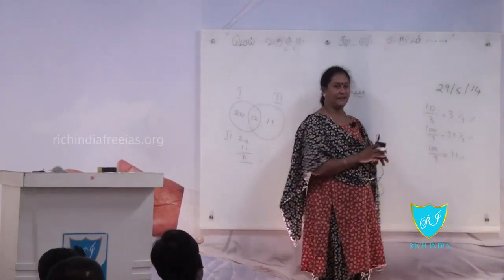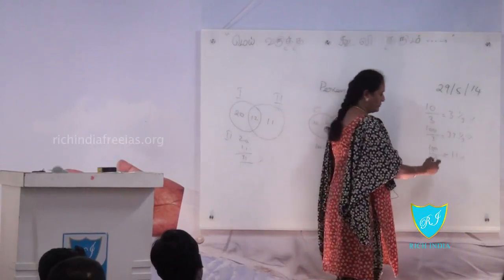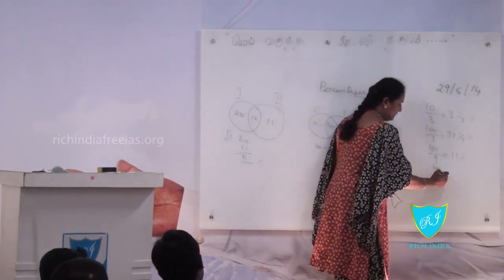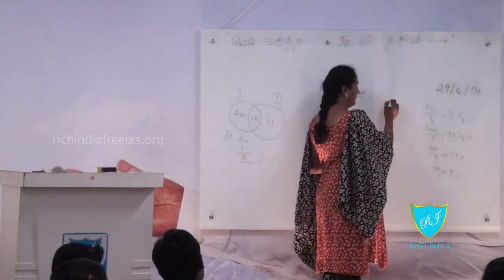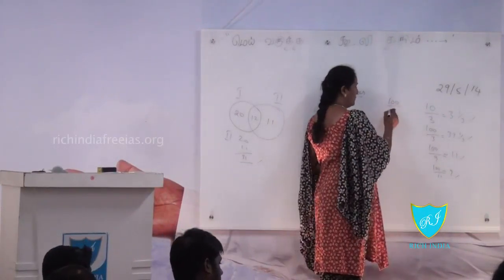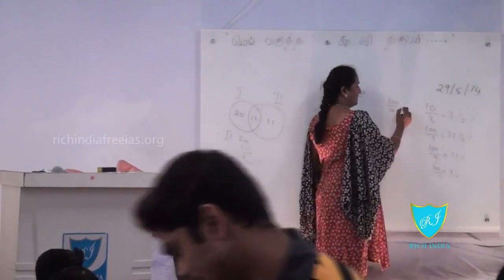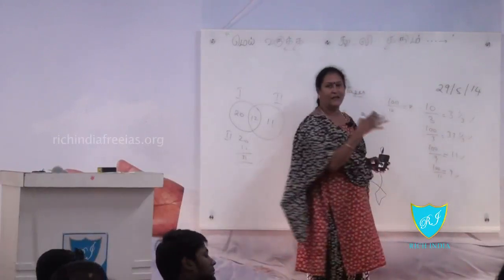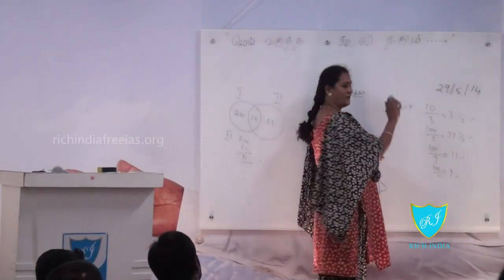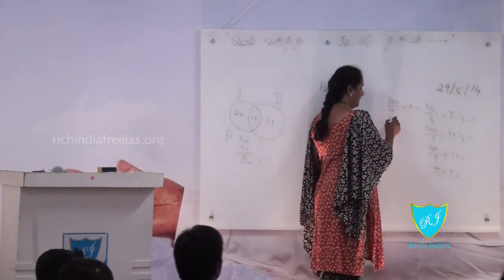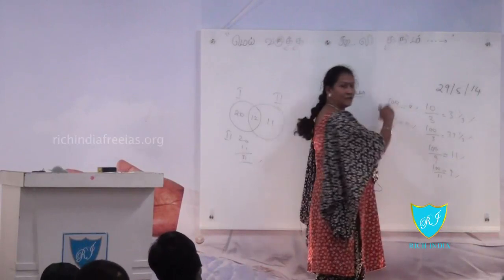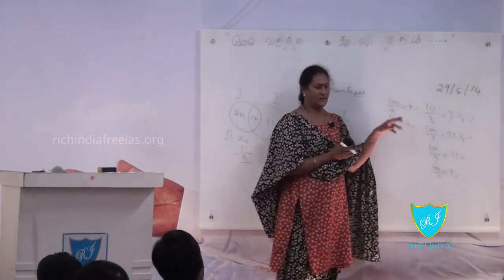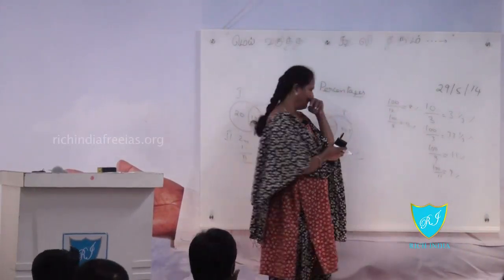So 9, 11, 99, 11. This is the inverse. When you have 100 by 11, it will be approximately 9%. If you have 100 by 12, approximately 8, exactly 8 1 by 3. So approximate values you can have, and 100 by 8 is exactly 12.5.